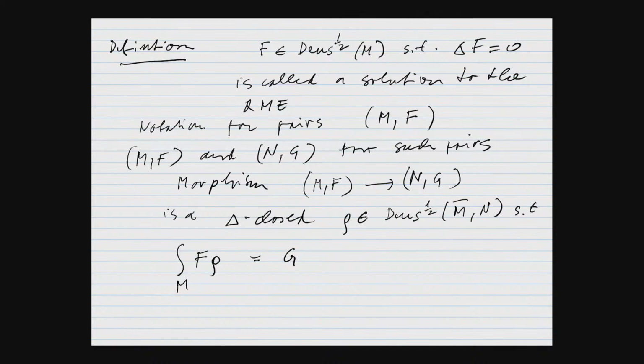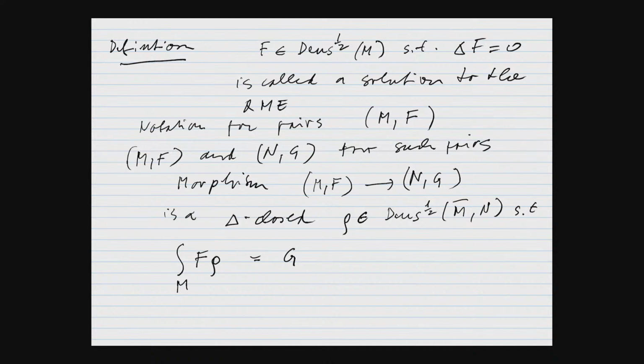You can think of e to the action, for example, times the half density formed by the Lebesgue measure. And I say that we have a pair: an odd symplectic manifold with a solution to the quantum master equation, M, f, and the other one, N, g.